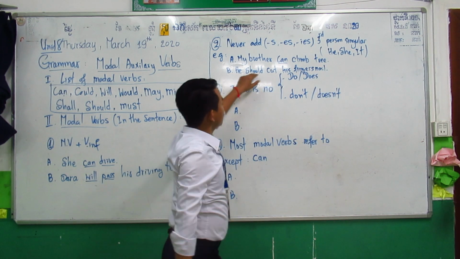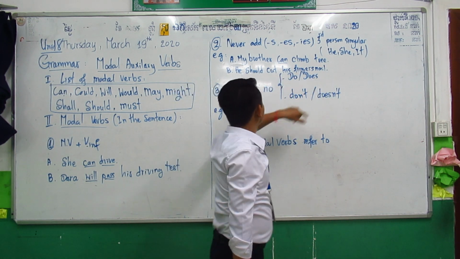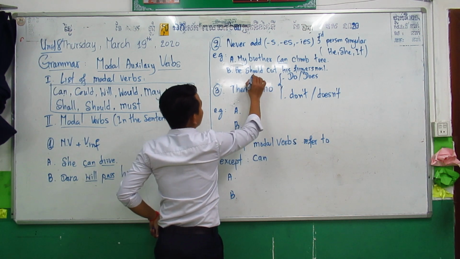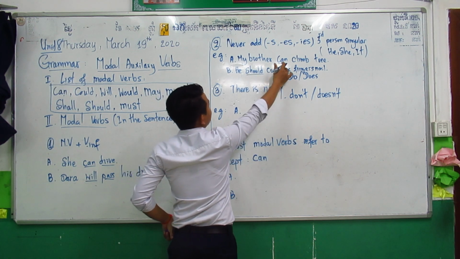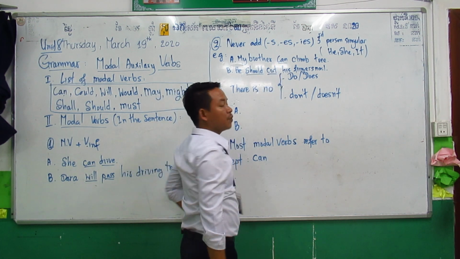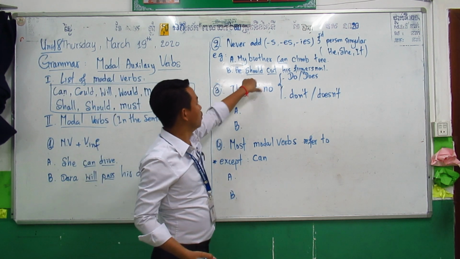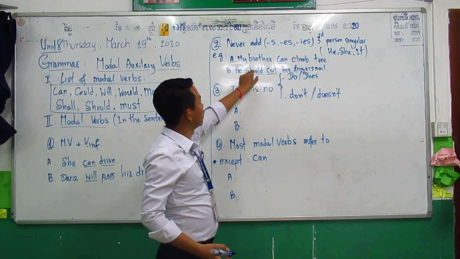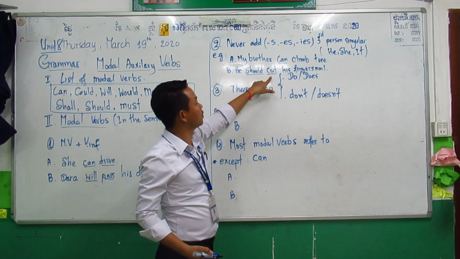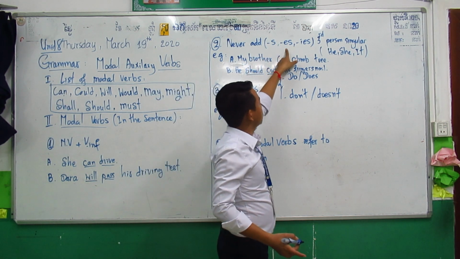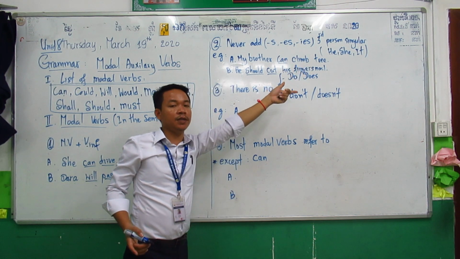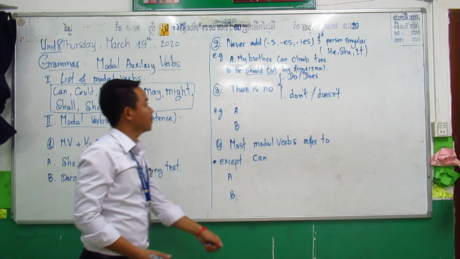Okay. He should cut his fingernails. It means after the modal verb should, we have the word cut. So we don't need to put s after modal verbs. It means modal verb plus verb. No s, es, or changing y to ies as in present simple tense, right?